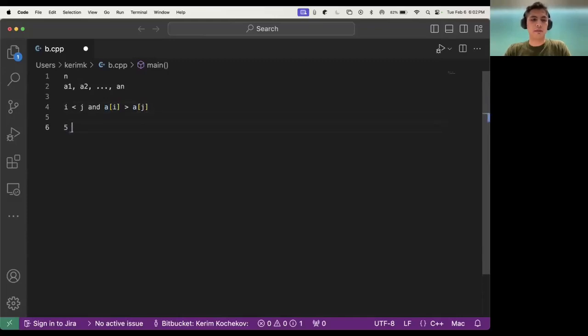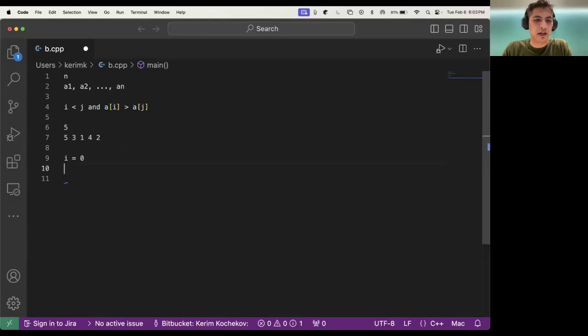So if we give an example, let's say we have 5 numbers, 1, 2, 4, 2. Here, you might count, if we consider this a zero-based array, for i of 0, we will have 4 j's, all of them smaller than 5.